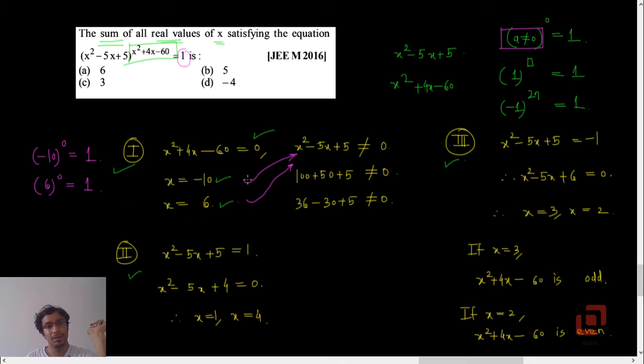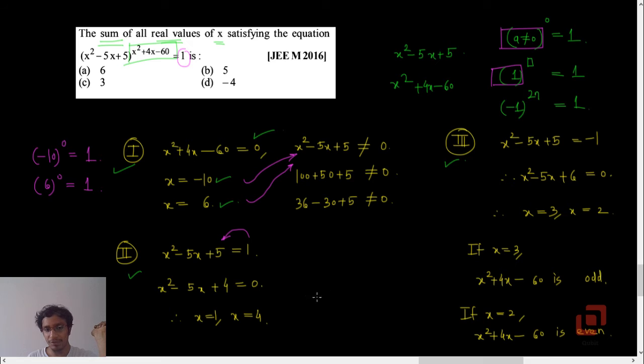Okay, then let's go to the second possibility where the base is equal to 1. So we should now equate x squared minus 5x plus 5 to 1. Shift 1 here, you'll get x squared minus 5x plus 4. If you solve this quadratic equation, then you will get x equal to 1 and x equal to 4.